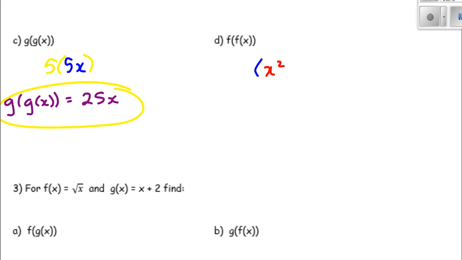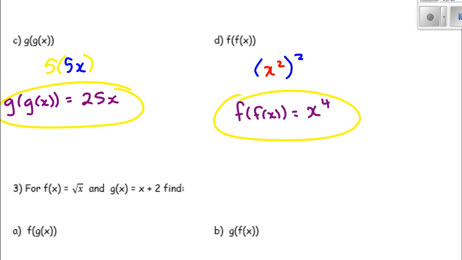So that means that that itself has been squared, which would give you f of f of x equals x squared squared, which I'm guessing you remember exponent laws, multiply the exponents, or think of it as x squared times x squared, x to the power of 4. Brilliant.